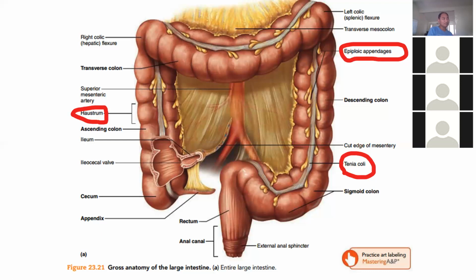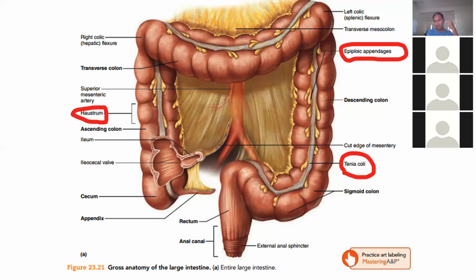So yes, in this diagram, the ileum comes into the cecum. There is a little thickening which is called the ileocecal valve, which is a one-way valve. So once the food from the ileum enters the cecum, it cannot go back to the ileum. It is one way.